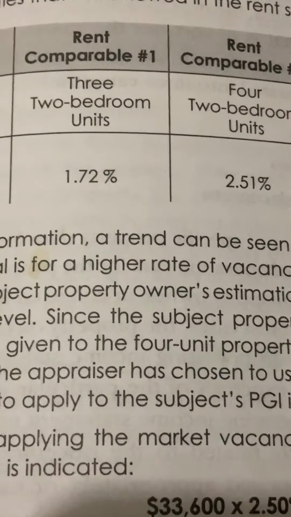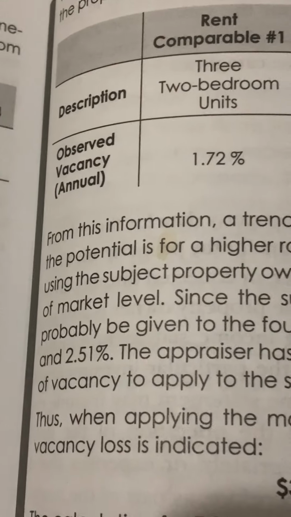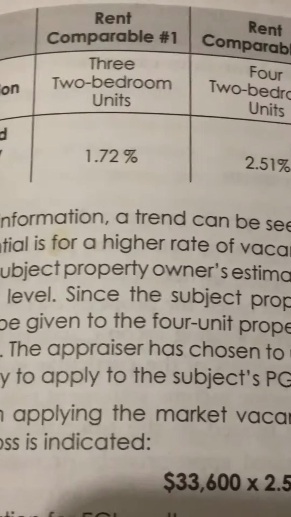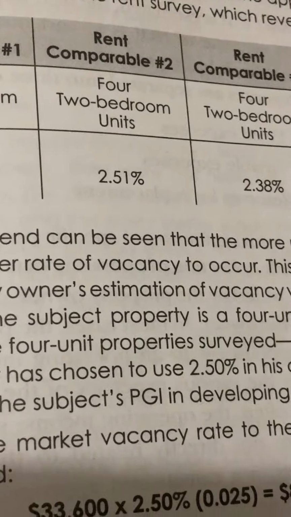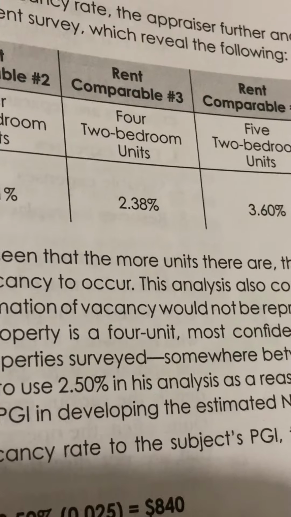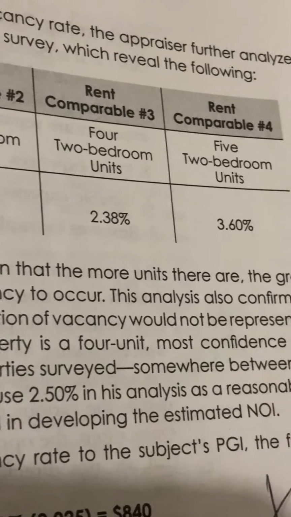However, on this one it has the derived observed annual vacancy rate. Comp 1 was 1.72%, comp 2 was 2.51%, comp 3 was 2.38%, and comp 4 was 3.6%.